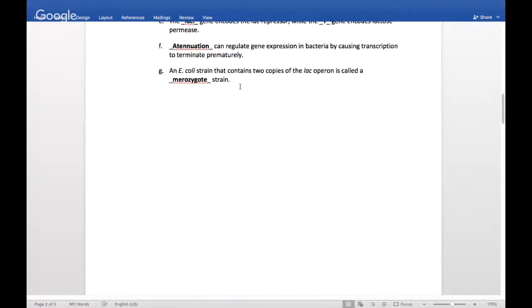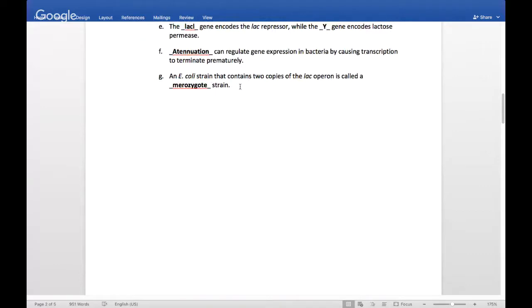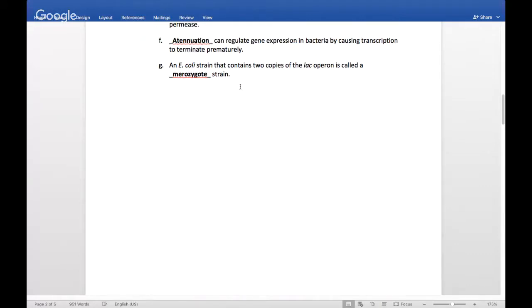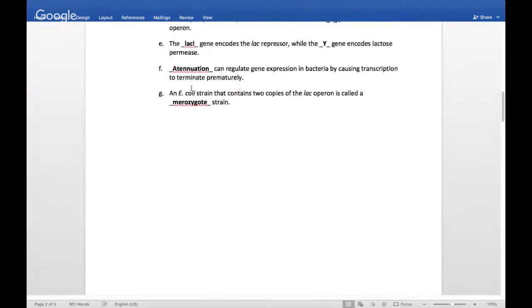F is talking about attenuation, which can regulate gene expression in bacteria by causing transcription to terminate prematurely. And G is talking about the E. coli strain that contains 2 copies of the lac operon, i.e. the merozygote strain.